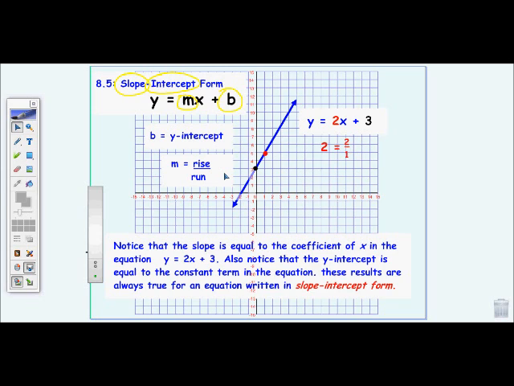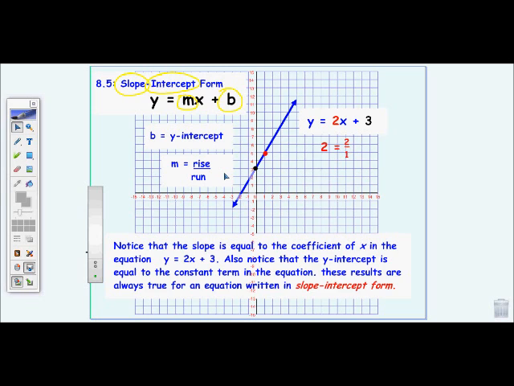Okay? Now, down here it's saying the slope is equal to the coefficient, or the number that's before x, and the b or the y-intercept is going to be a constant term. It doesn't have anything behind it. Those are important things to remember as we keep going through this.